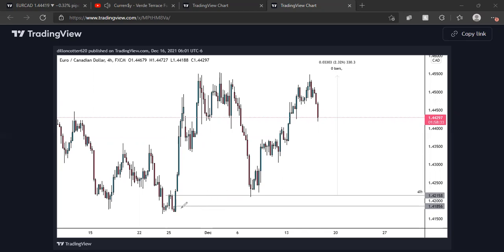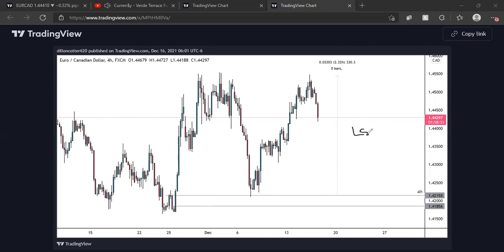So remember, demand zones, we're looking for buying, but we want it at the lowest possible, the last bit of selling before that huge break of structure.